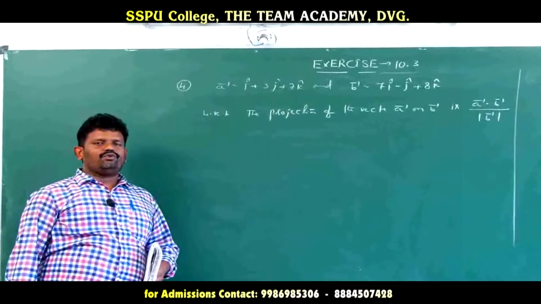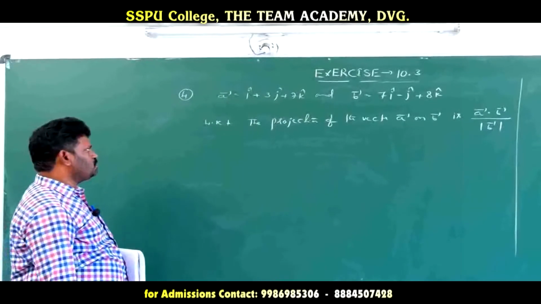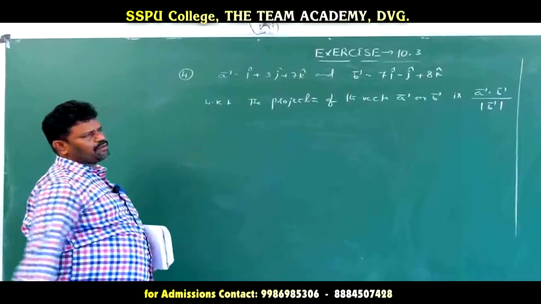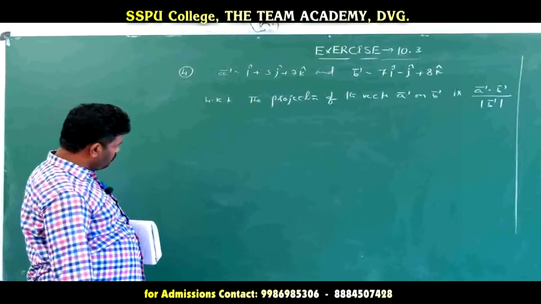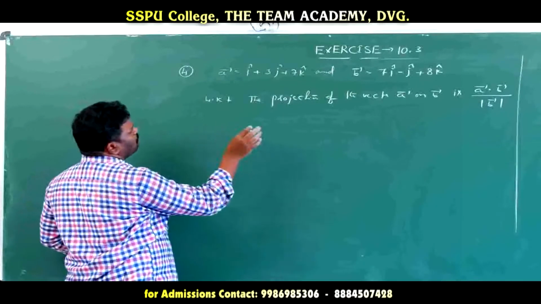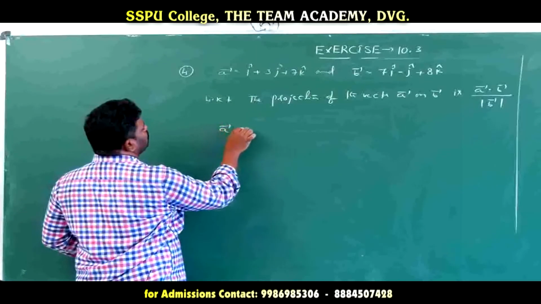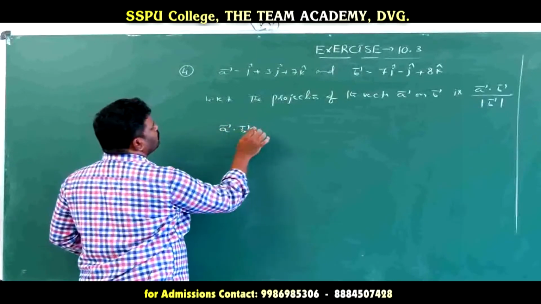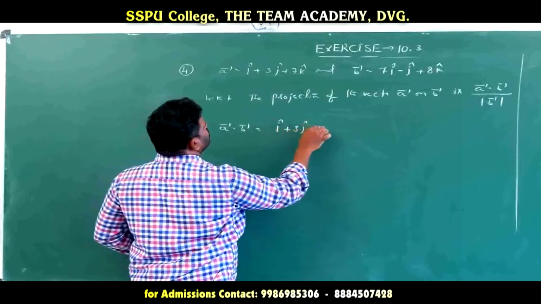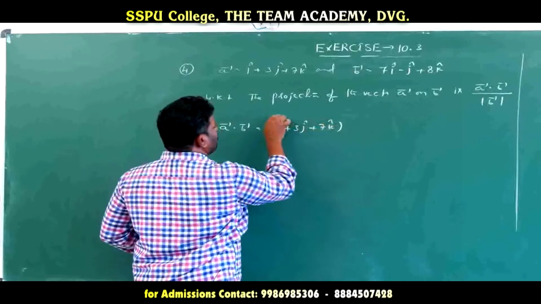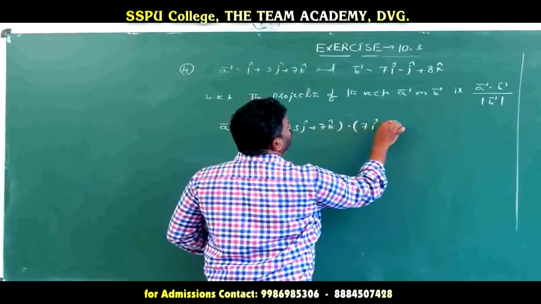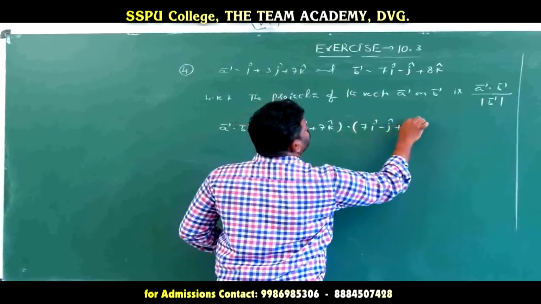Right, fourth question, similarly: projection of this vector on another vector. Projection means we already know the formula, a bar dot b bar by magnitude of b bar. So first we find a bar dot b bar, where a bar is i cap plus 3j cap plus 7k cap and b bar is 7i cap minus j cap plus 8k cap.